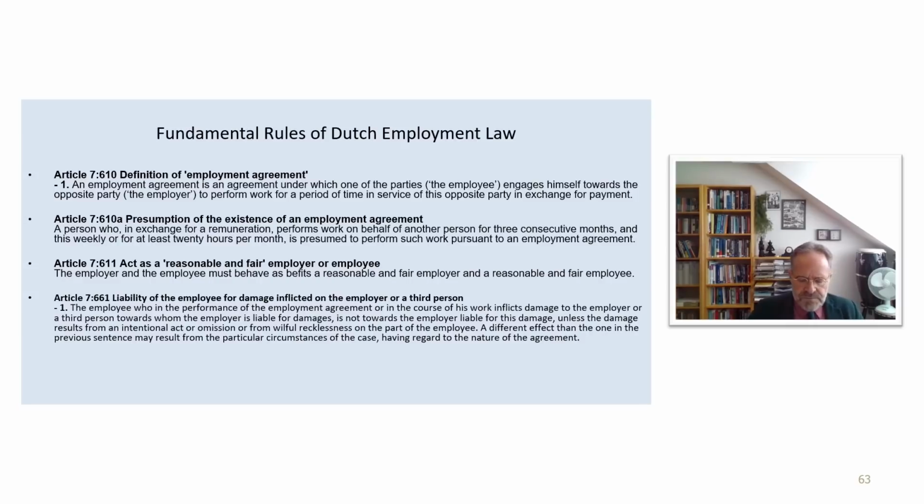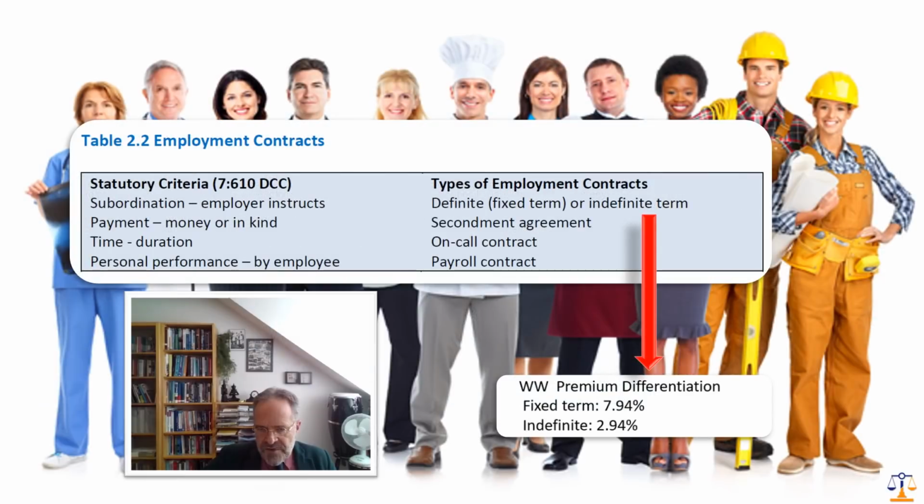Another thing to realize is that employers are liable for the damage which an employee during the work inflicts on others. So employers have a liability for what employees do during their work. That's fundamentals.